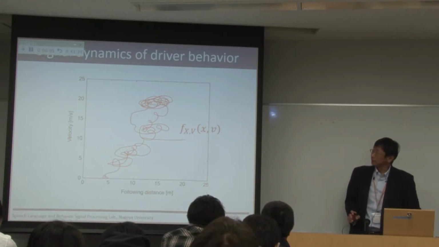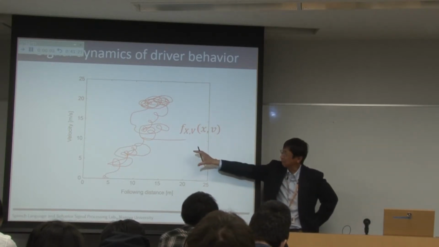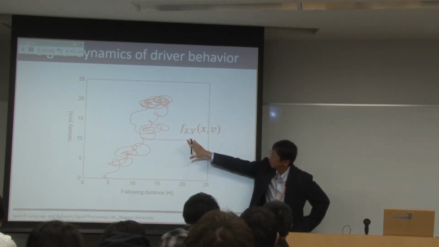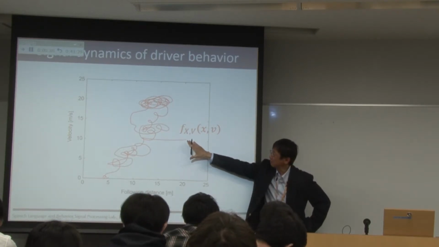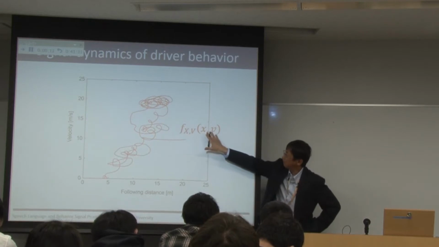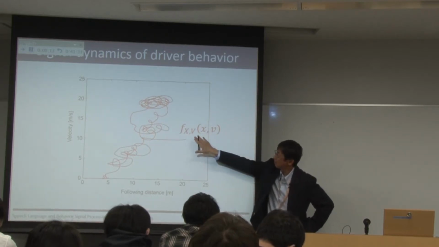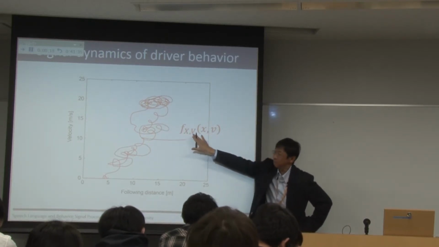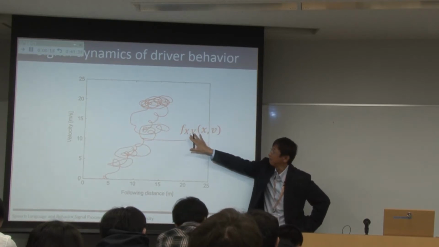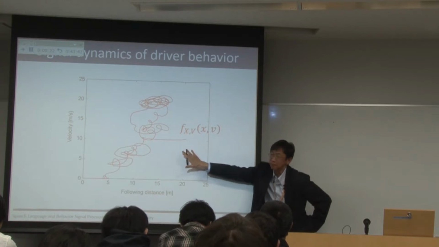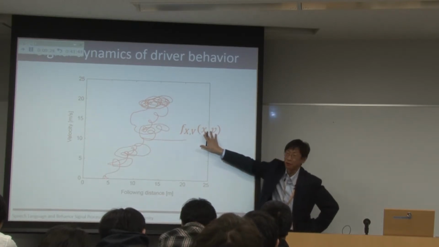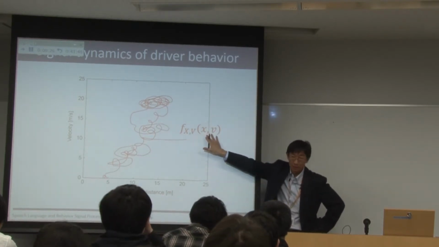So let's see that this is not a simple function, but a set of two values: displacement and velocity. Say we observed the joint distribution of two variables.